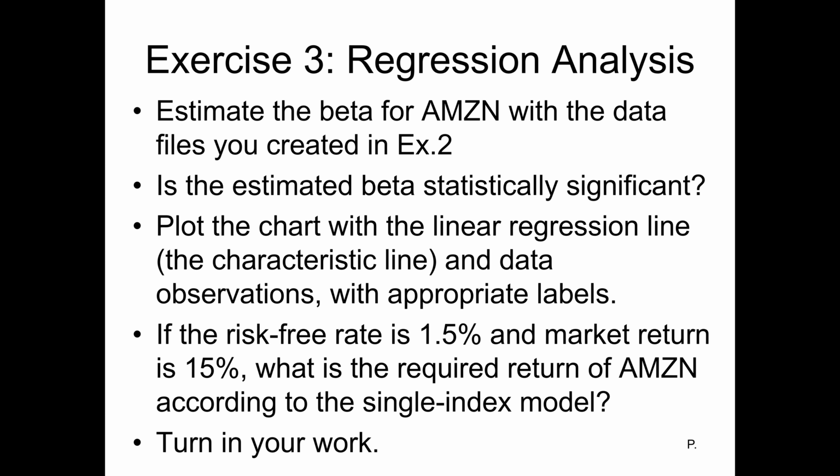You fit the line, and you need to do some editing by right-click. You need to figure that out. And given the inputs here, 1.5% for risk-free, market rate 15%, what is the required rate of return according to the capital asset pricing model? And then turn in your work.